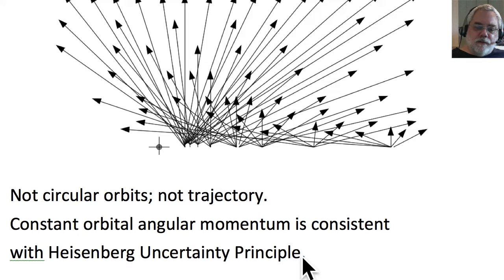We can measure position in one direction and momentum in an orthogonal direction. We can simultaneously measure them simultaneously accurately. And that characteristic, think of it as a loophole if you want, is what is consistent with our having orbital angular momentum and being able to measure it accurately and it being quantized.